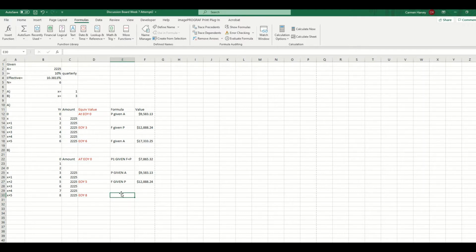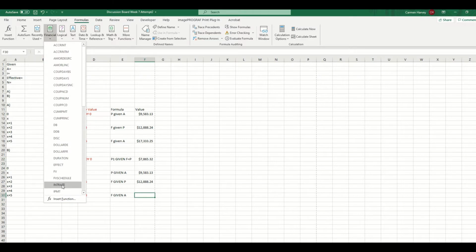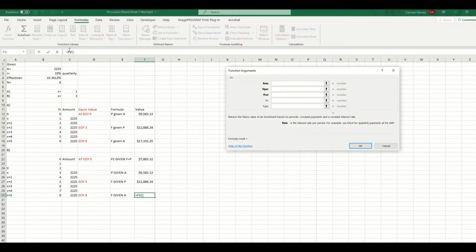We'll be using the F given A on this one, and in this case we're going to use 6, because the payments are spread evenly over 6 years.